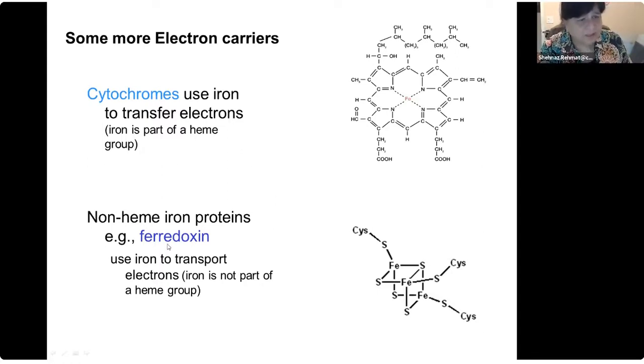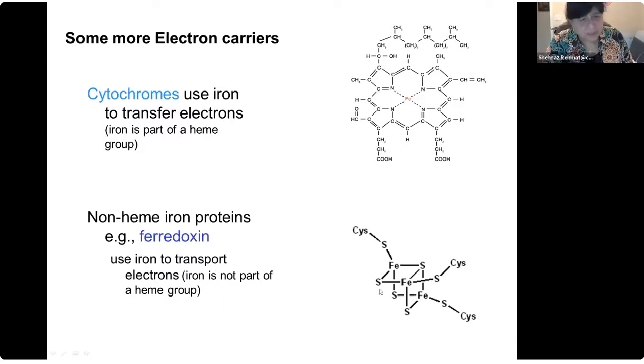Whilst there is another electron carrier which we call ferredoxin, and not only ferredoxin, but there are others also that are non-heme iron proteins. That means they are proteins. They don't have the heme structure, but they do have iron as well as sulfur in them most of the time.